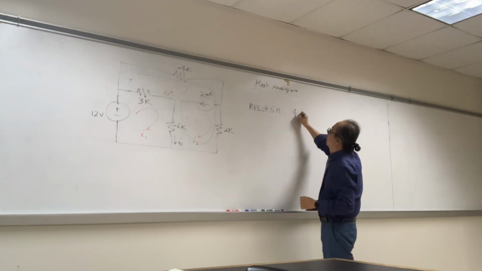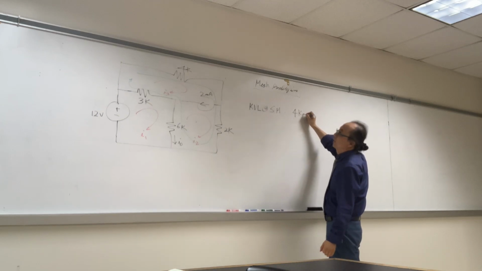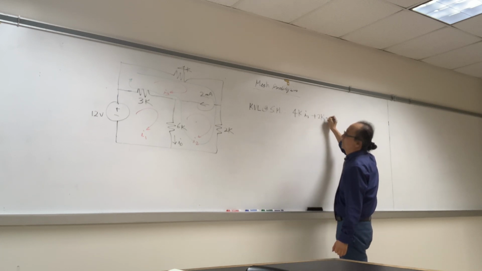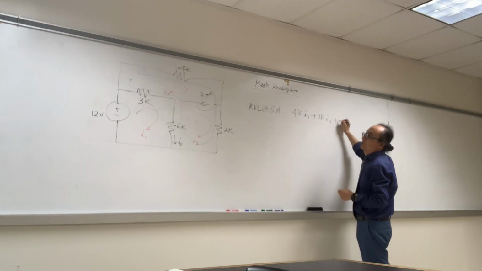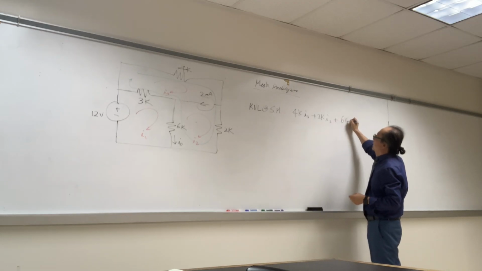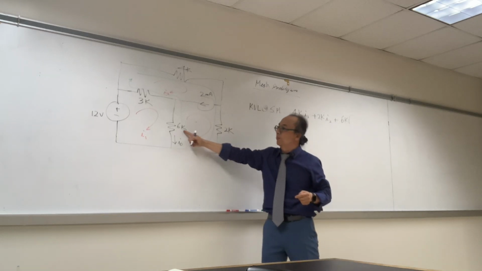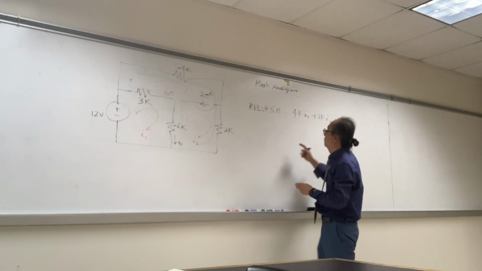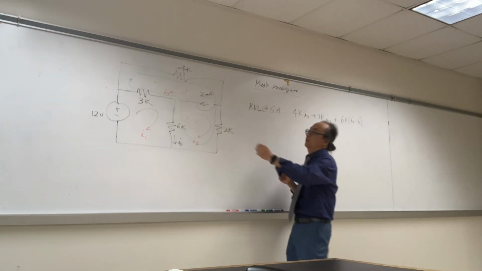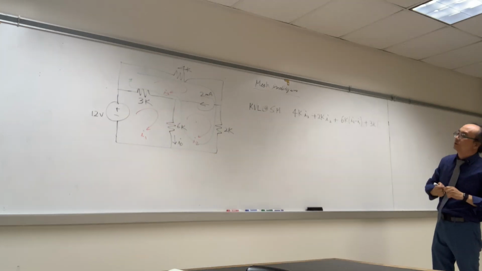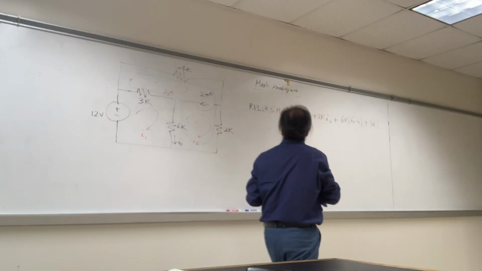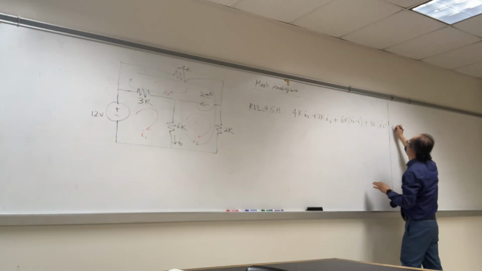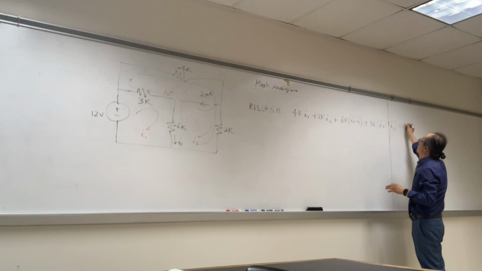We have a 4K times I sub 3 plus 2K times this guy, I sub 2 plus 6K times this guy, I sub 2 minus I sub 1, and then 3K. This time going in that super mesh in that direction, so I sub 3 is positive. I sub 3 minus I sub 1 equals to 0.